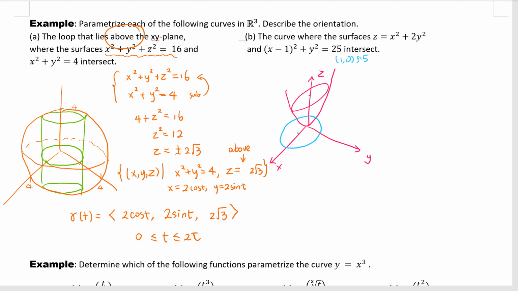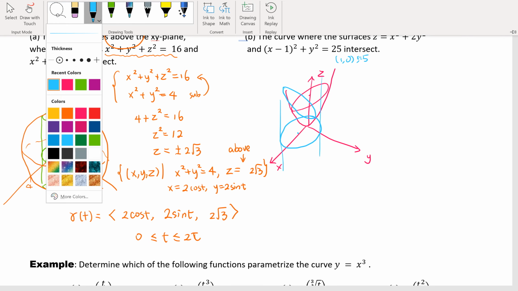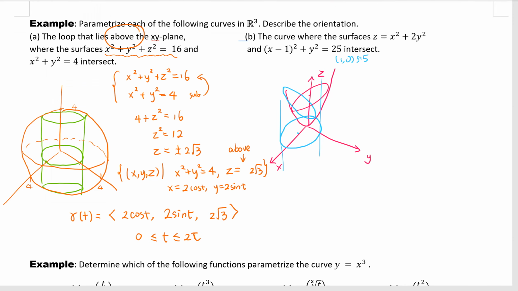This is a circle. Okay, so when they intersect, when we put them in space, we get something like that. Let's figure out what it is. So we form a system of those two equations.